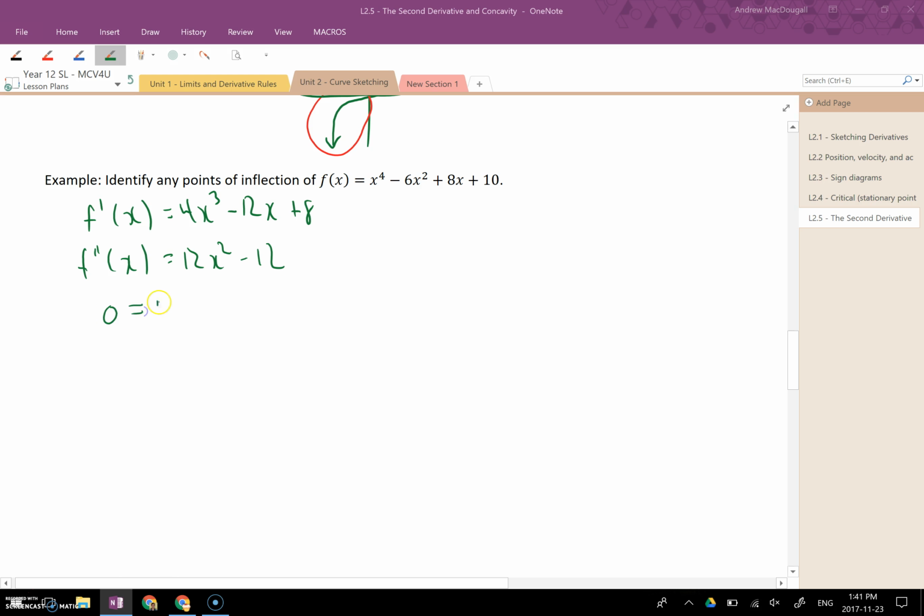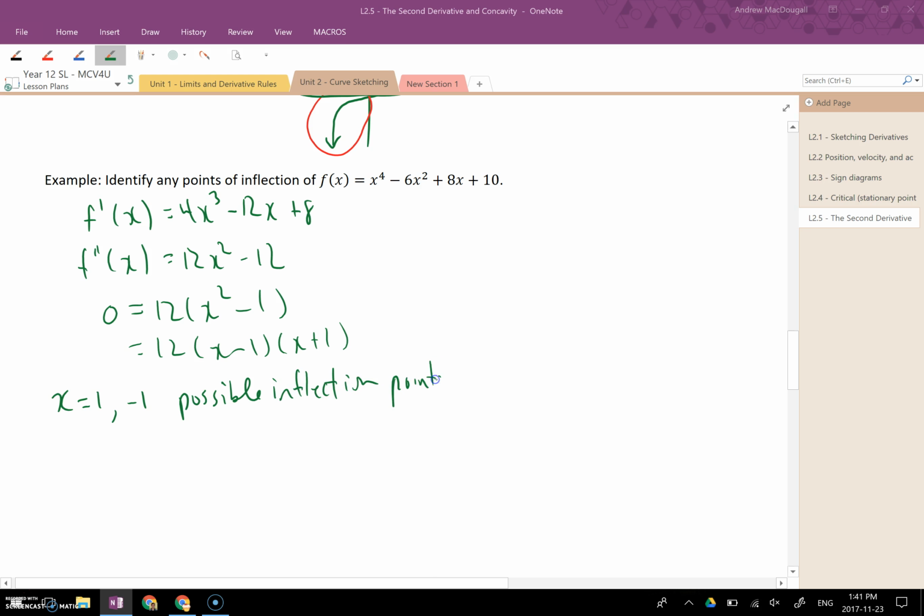If we set that equal to 0, we get 12 times x minus 1 times x plus 1. So possible points of inflection, possible points where the concavity changes, are when x equals 1 or -1. Now let's do a sign diagram.